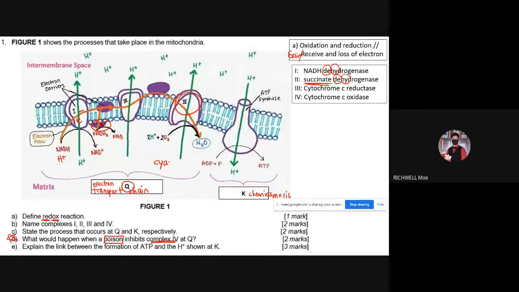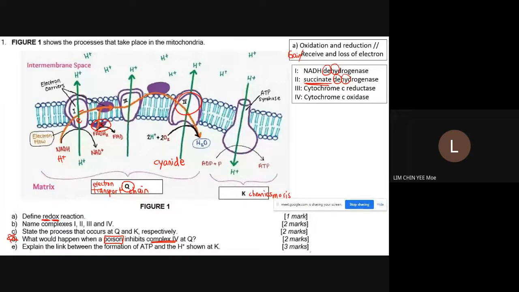Cyanide. Yeah. Class, imagine in our food, we do have cyanide. Where? Apple seeds. Sem 1 masa Miss ajar flowering plant, I did talk about cyanide in the apple seeds. So we try not to eat the apple seeds when you eat the apple because inside the apple seeds it contains cyanide.